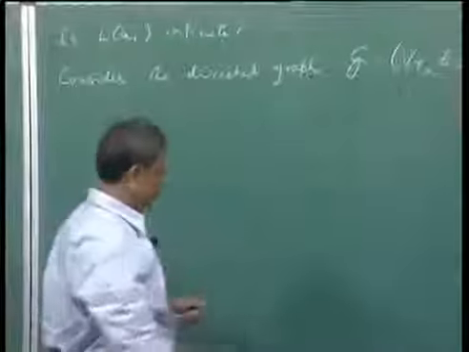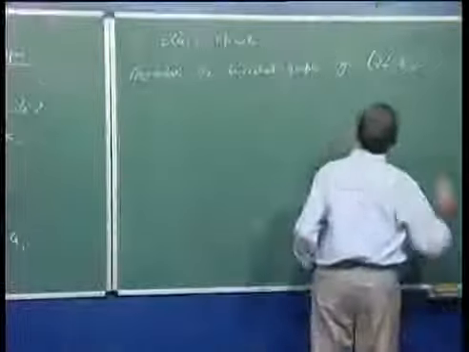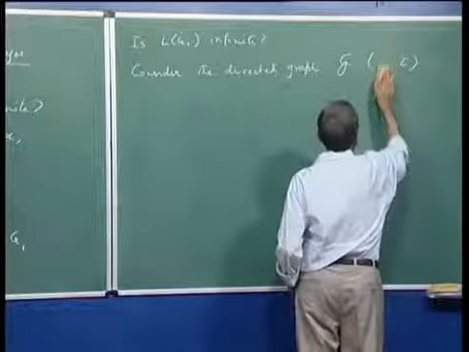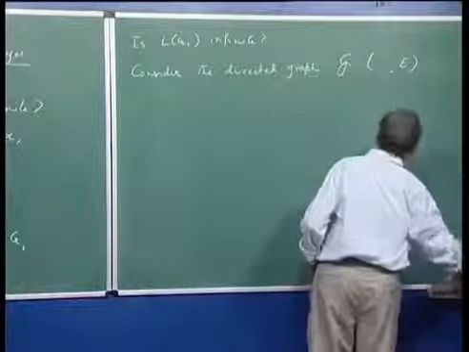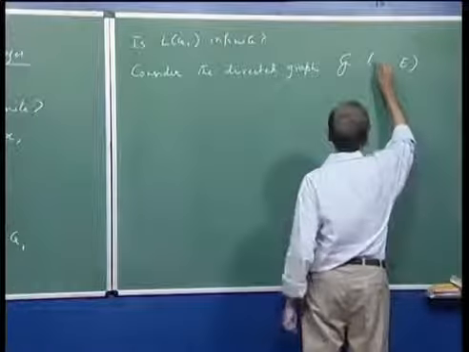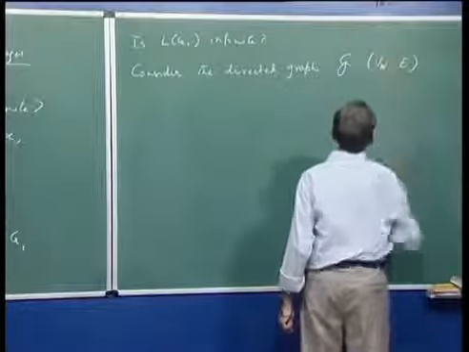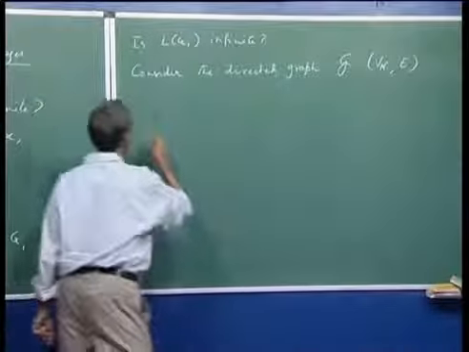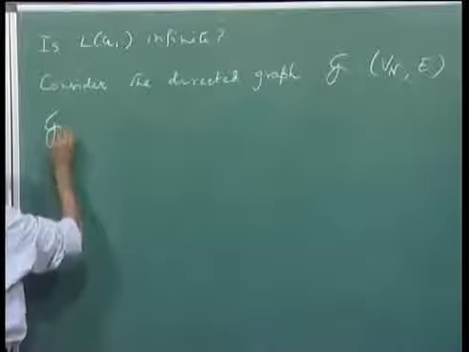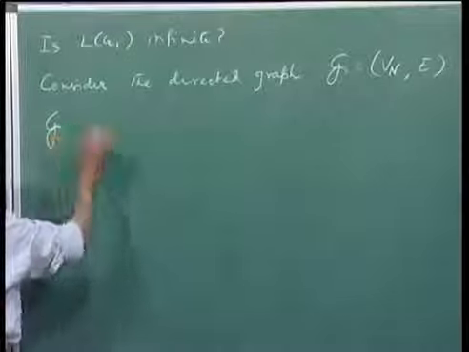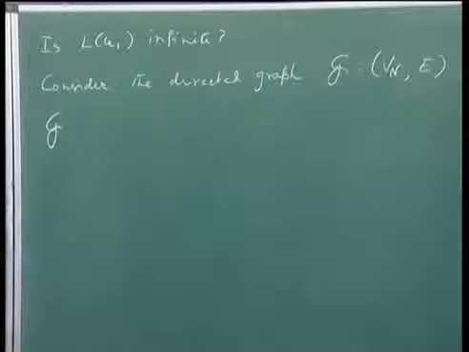Let me clearly say what I mean. So, script G is the graph that we are building, given the Chomsky normal form grammar G1.